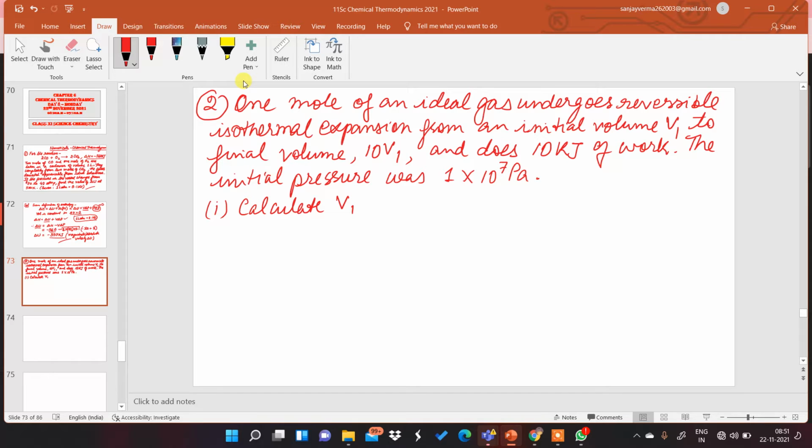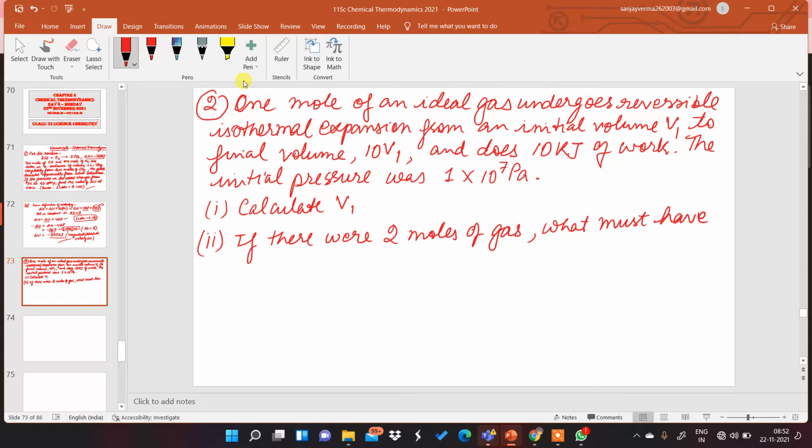Now this V1 is initial volume, and subpart 2, if there were 2 moles of gas, what must have been its temperature?